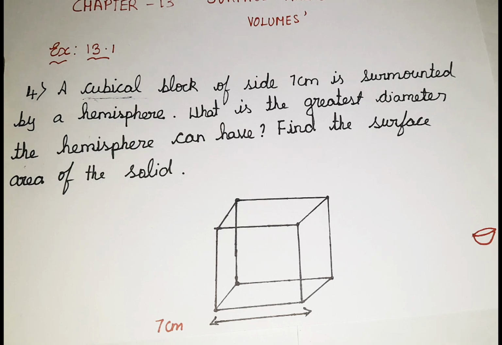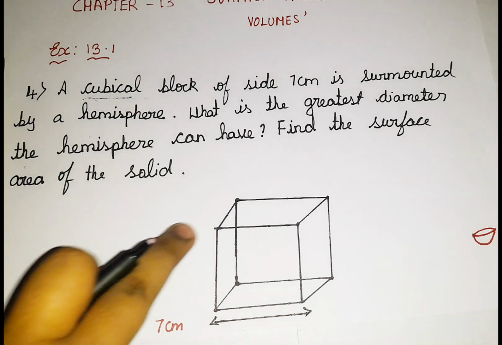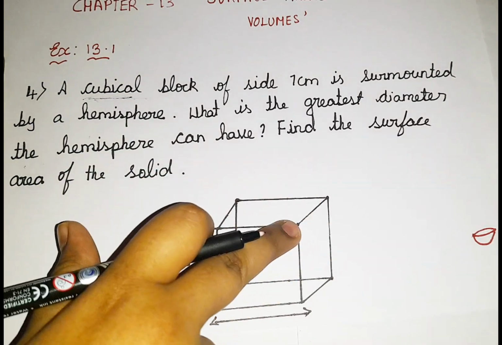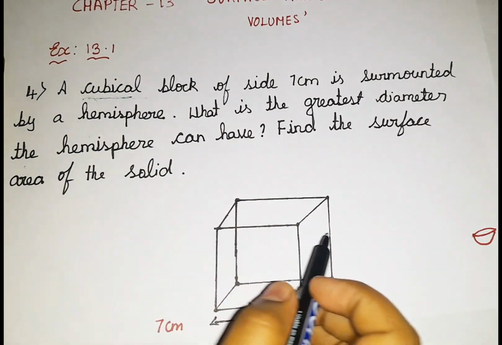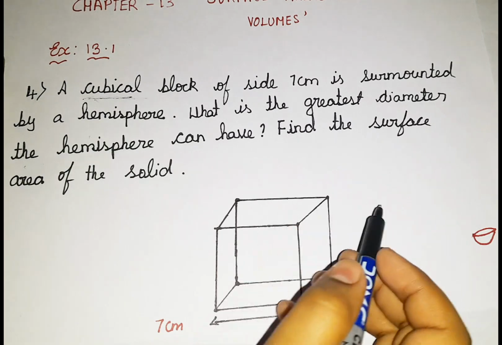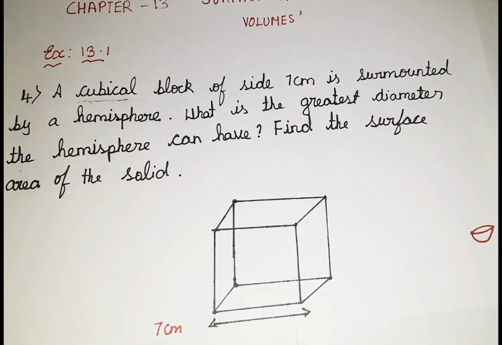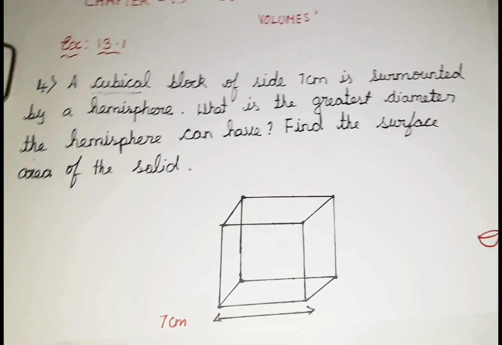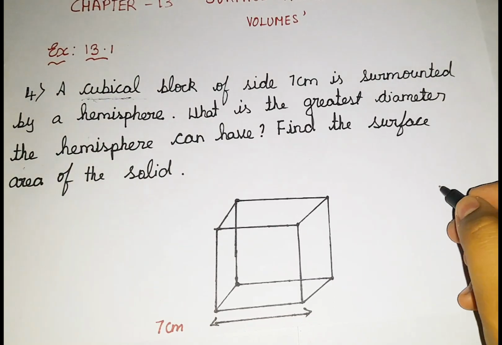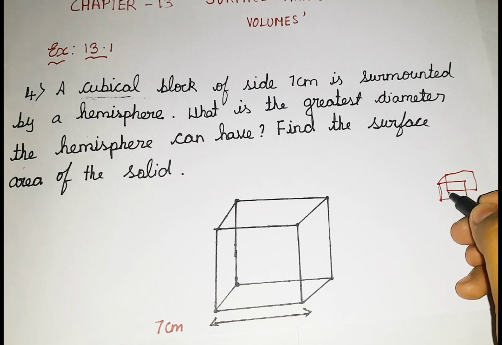Now since you know this hemisphere is surmounted upon a cube. Will it be surmounted like this? One second, I'll show you. For example, you have a cube right over here.